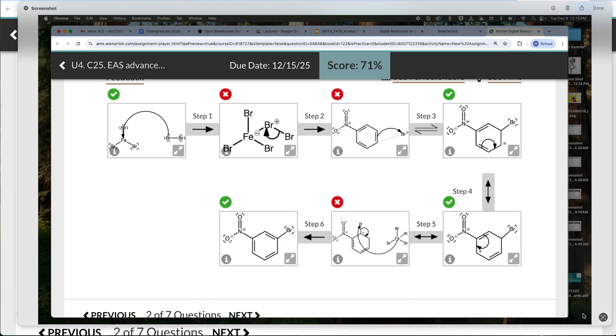So this starts off right. Our bromine donates electrons to that iron. The iron tribromide is acting as a Lewis acid catalyst. Why are catalysts cool?